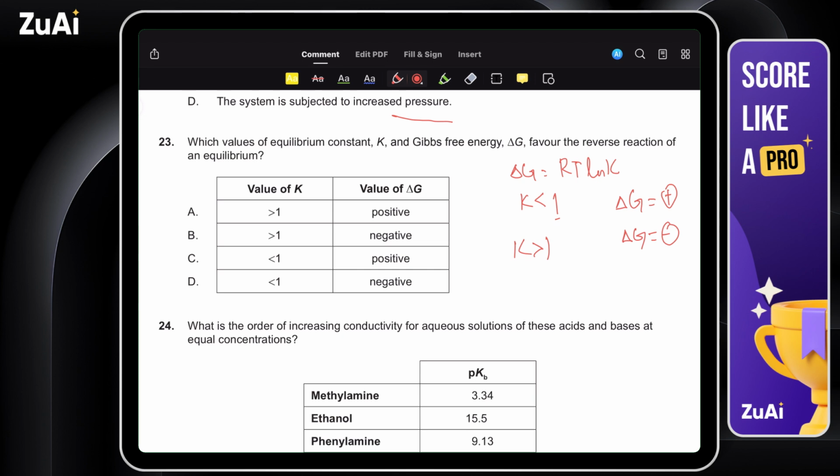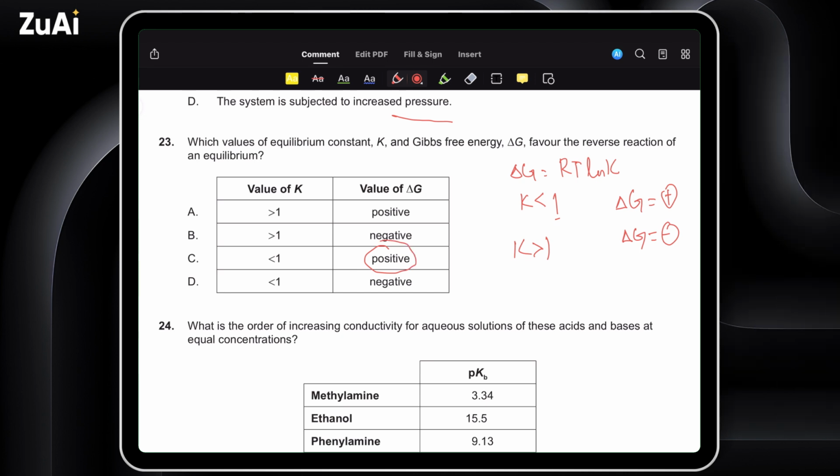And also you need to know that negative delta G means the reaction is going to take place, and positive delta G means the forward reaction is not going to happen, so that's why it favors the reverse reaction. So that's why C is the answer.